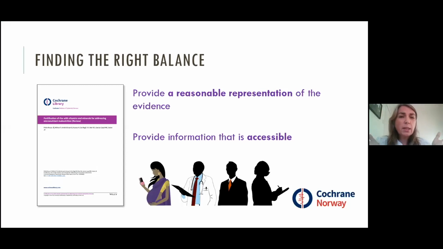In this system, we're trying to find a reasonable balance between giving a reasonably precise representation of the evidence on the one hand, but also providing information that's actually accessible and understandable on the other hand. That's quite a difficult balance. How do you tell people what the results of a review are in a way which they can understand, but which doesn't simplify too much? And that's not an easy task.